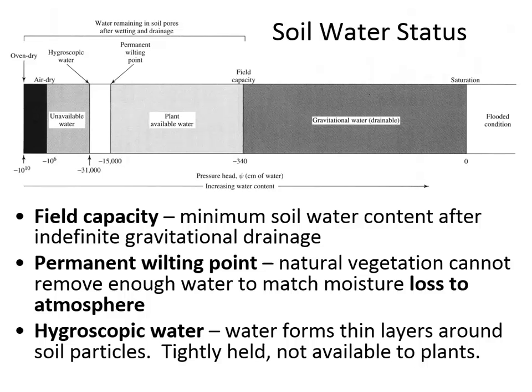And so this permanent wilting point that's indicated is a highly variable thing depending on what the plant is and what the soil is. For all of these, the pressure heads are going to vary depending on whether it's a clay loam or a sandy loam and vice versa.